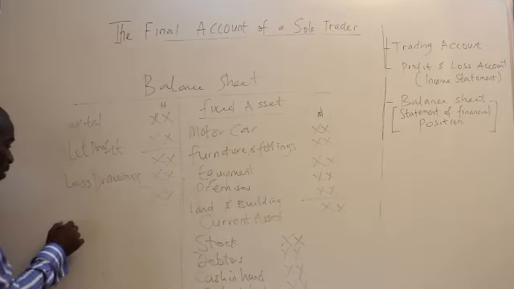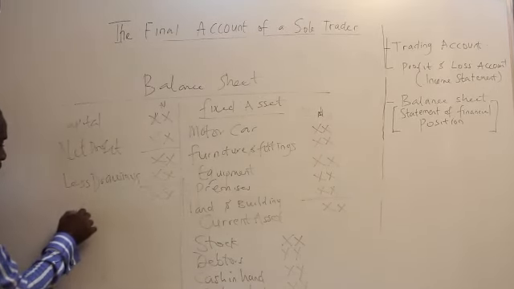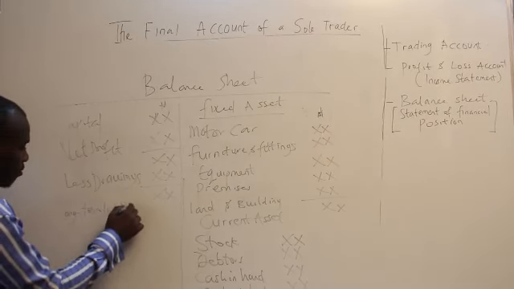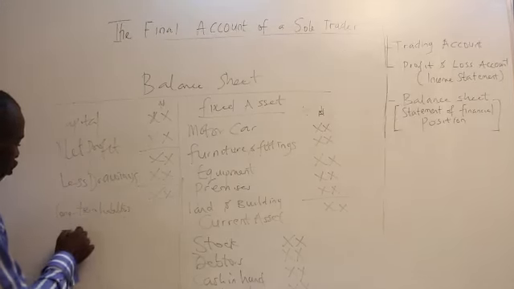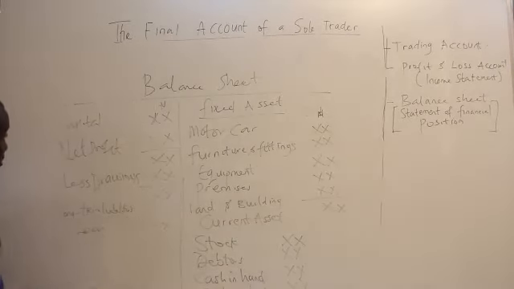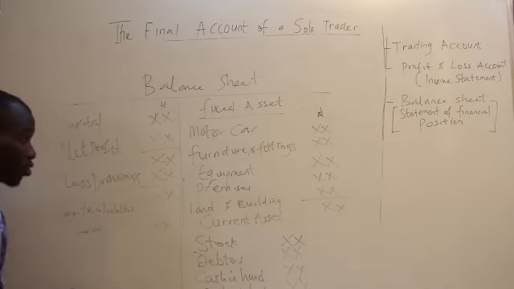Thereafter, we can have long-term liabilities. Our long-term liabilities include loan. We can also have debentures, but due to the fact that this is a sole trader, we may not.